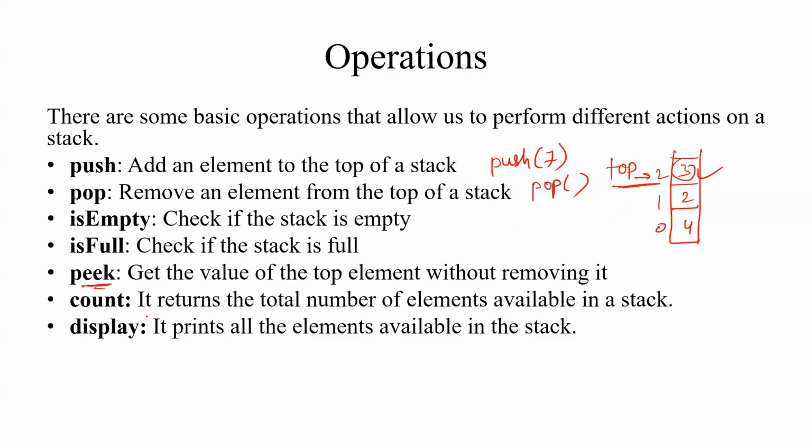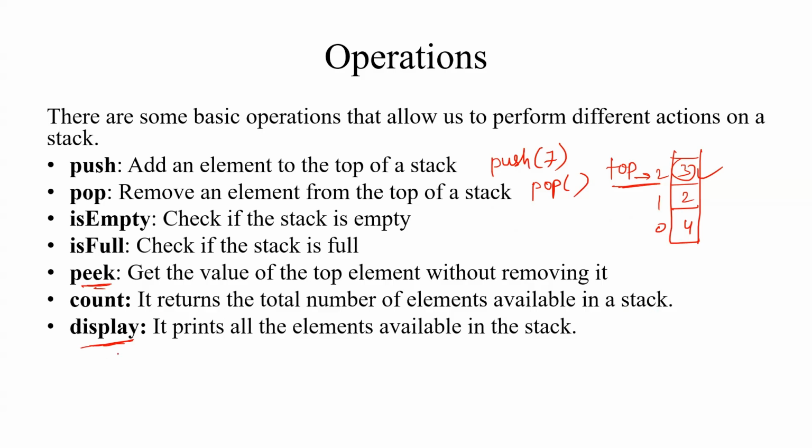Next is count. We rarely use it, because when we display the elements we can already see how many elements are present, but the count function can also be implemented. It returns the total number of elements available in the stack.